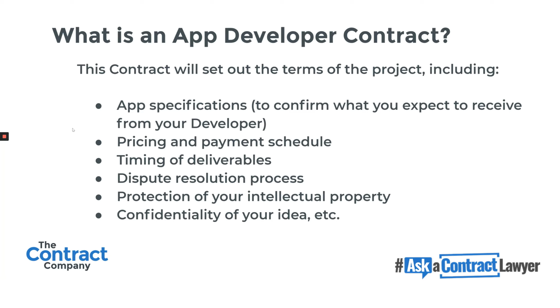Okay, let's move on and talk about app development. So, unless you're blessed with technical skills, most likely you have to pay someone to develop the app for you. I would strongly suggest an app development contract. The reason I would strongly suggest it is because of IP.